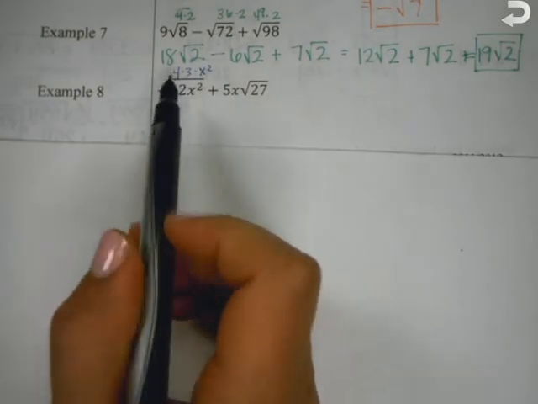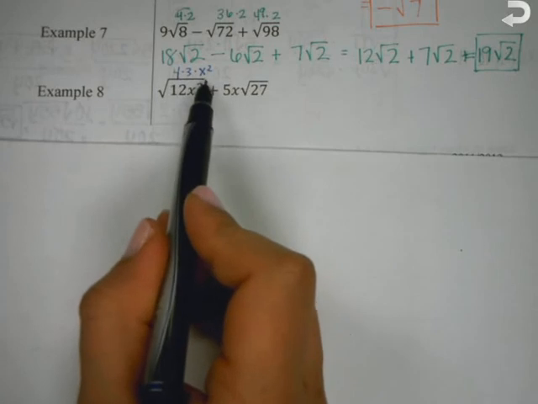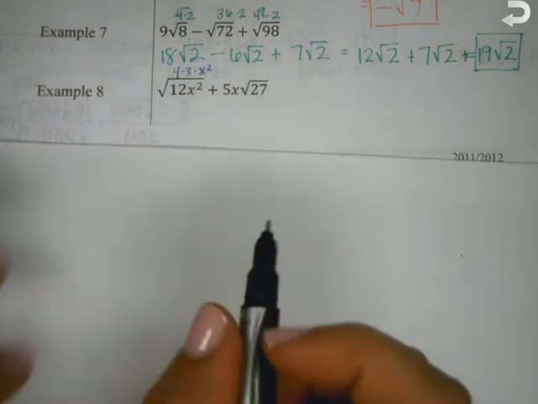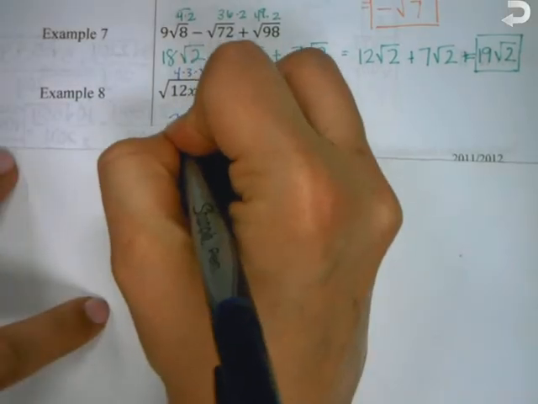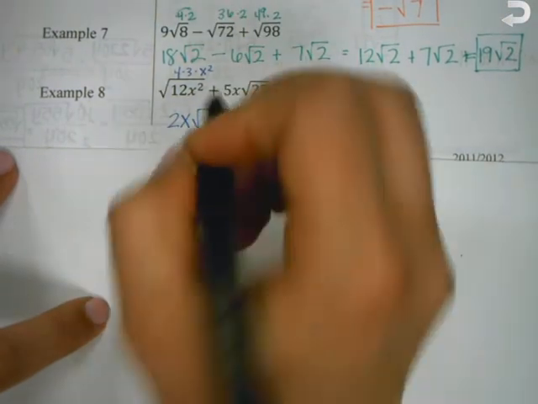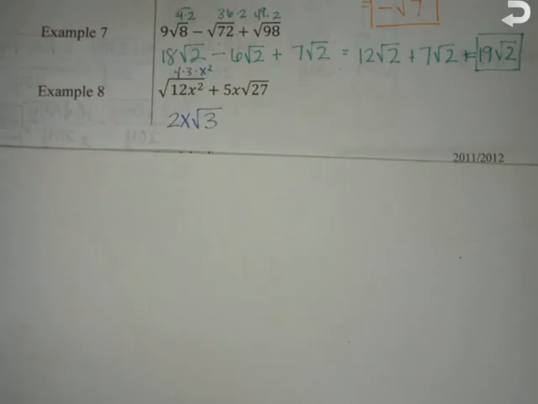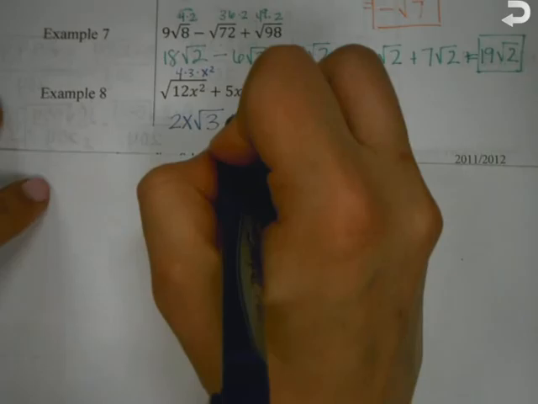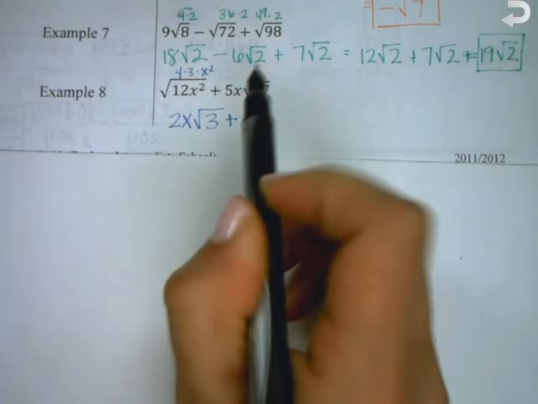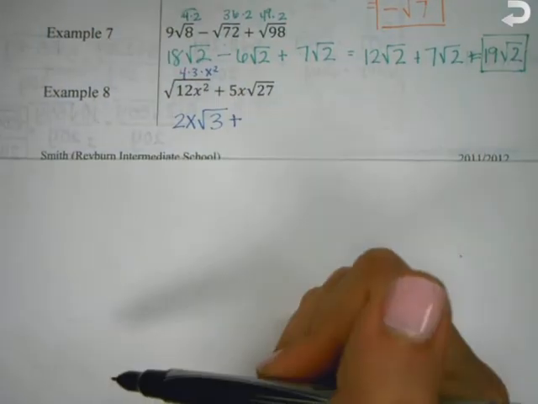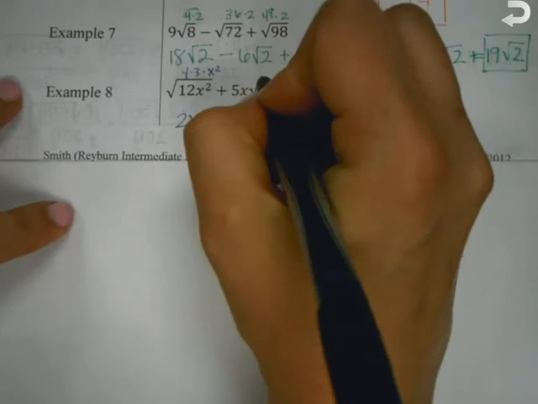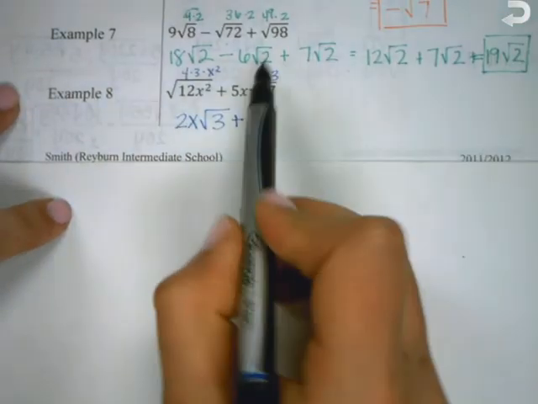X. So this is 2x root what? Root 3. Plus 5x. How does 27 break down? 9 and 3. So square root of 9 is 3 times 5. So plus 15x root 3.